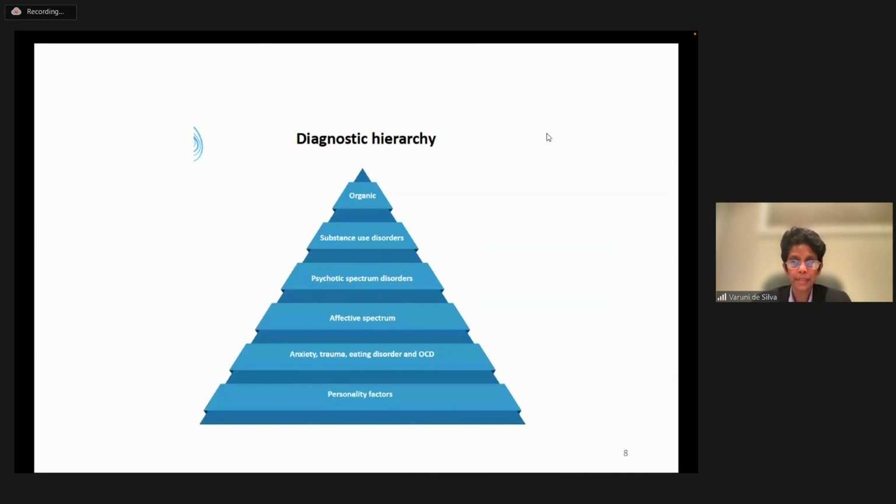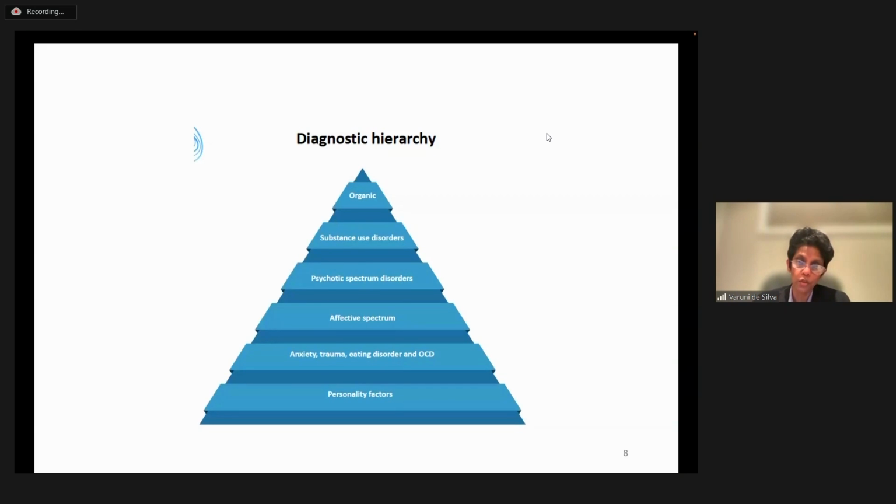The reason for organic disorders being the first chapter in the ICD-10 is because at the time that it was formulated, there was a very strong belief in the diagnostic hierarchy. That means if you have symptoms of two of these sets of conditions, if you have psychotic symptoms together with organic illnesses, then the ones that are higher up in the hierarchy trump.